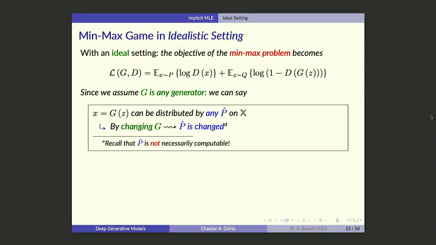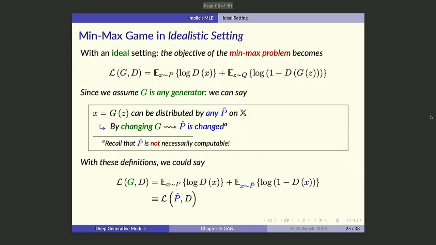And now the thing that I'm going to do, I am going to write this L of G and D instead of that form in this form, and you just check and tell me if you find it okay. Let's do it together. This x here is G of z at the top, right?